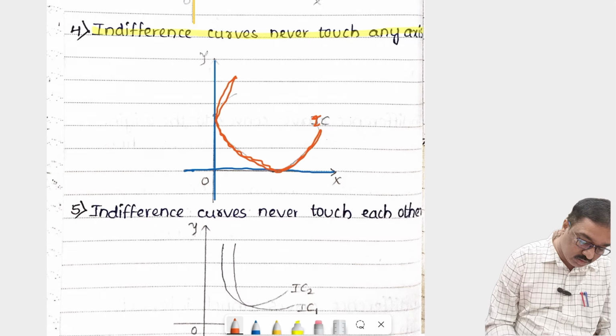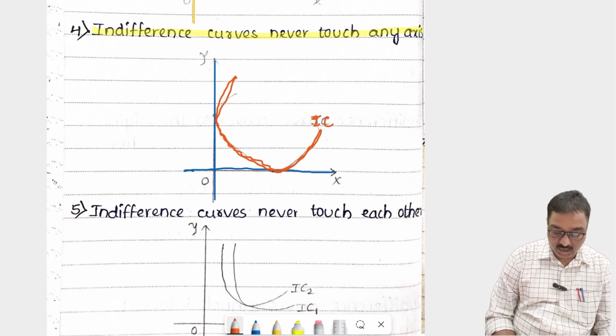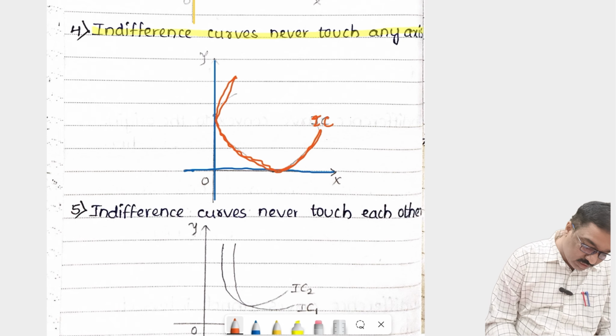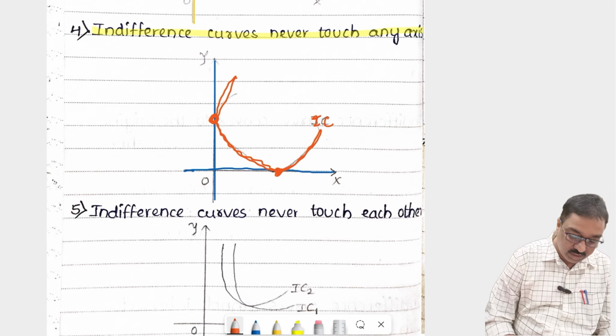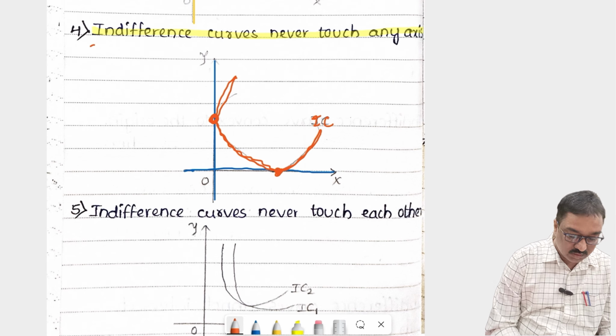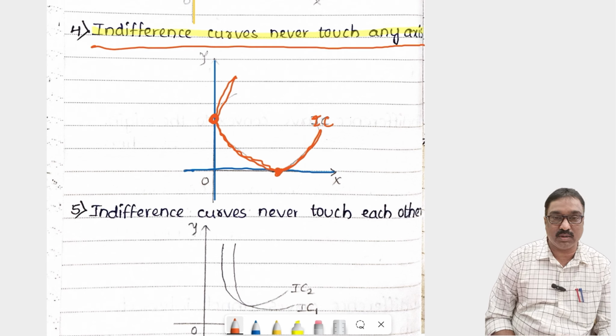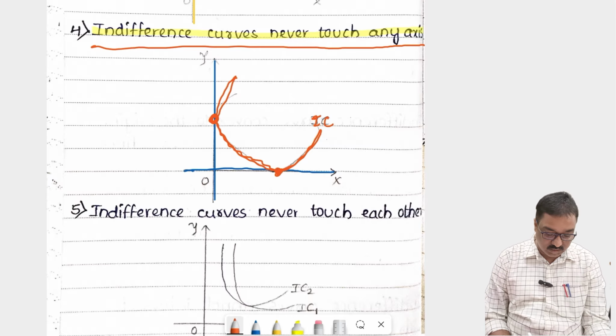It is also one condition of indifference curves. Here the indifference curve is touching the y-axis, but this is not correct. Indifference curves never touch any axis.